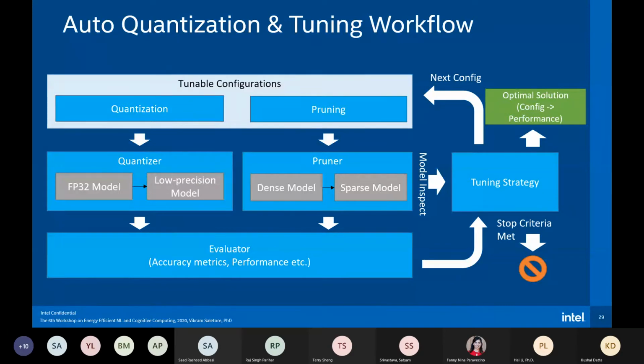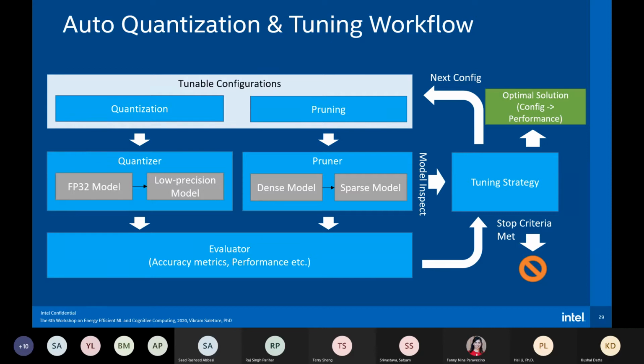So what's the workflow for this auto quantization? I think it was Raghu from Facebook who indicated that there's a need for this kind of auto quantization tool, and yes, that's exactly what it does. You import it into your Python program, and the tool will quantize the model for you. So you take an FP32 PB graph, for example, and it will quantize it to a low precision model.